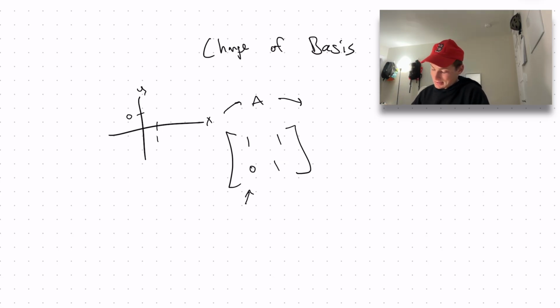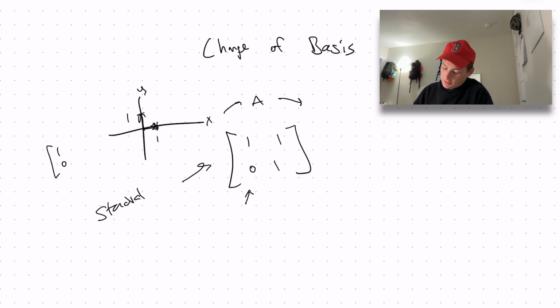Okay, so this linear transformation is taking an input within our standard basis that we all already know. This is 1 and this is 1, and these are the standard vectors. So if I did 1, 0, that's this, and if I did 0, 1, that's this.